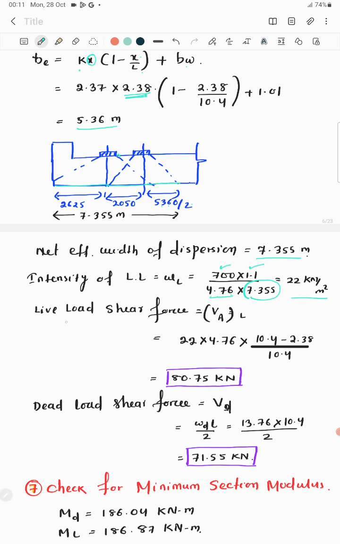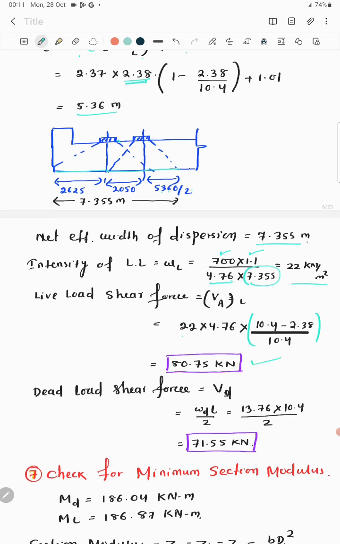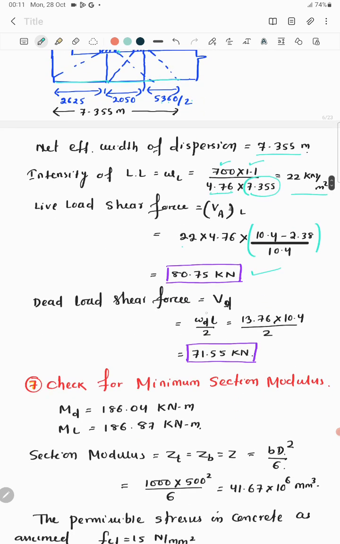So now we can calculate the live load shear force, that is equal to 22 into 4.76 into (10.4 minus 2.38) by 10.4, that is equal to 80.75 kilonewton. Now the dead load shear force we can calculate by using the formula WL by 2.